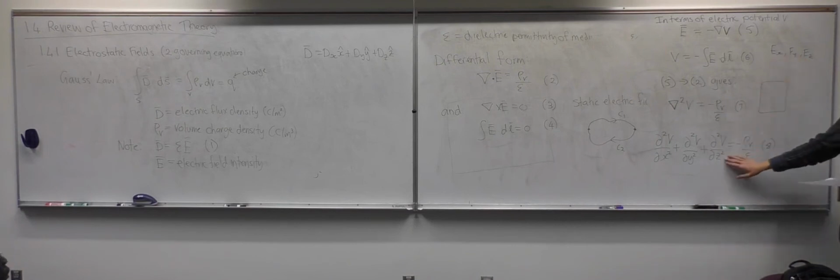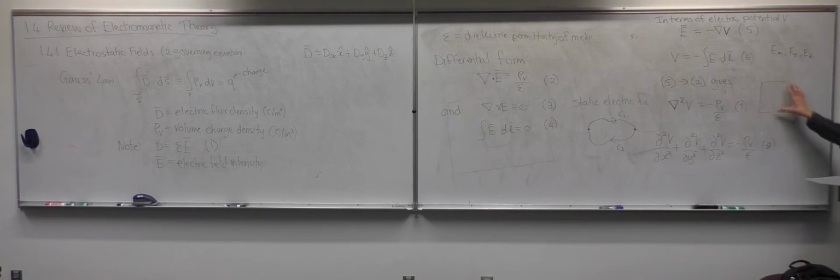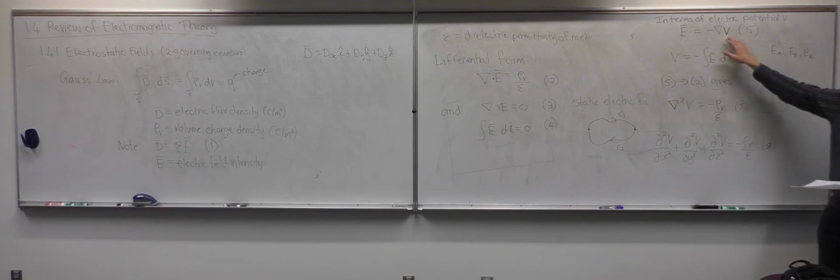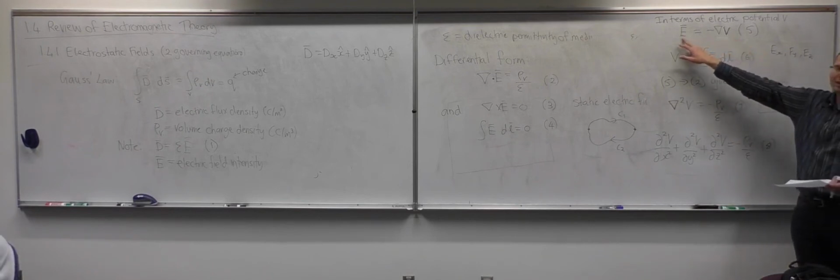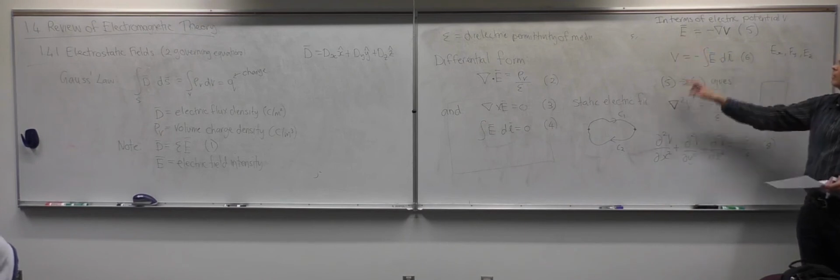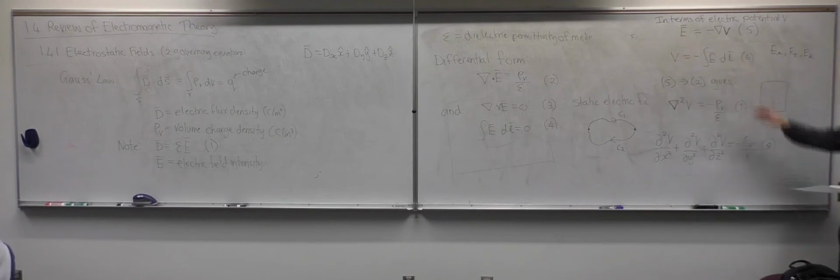And the way that this partial differential equation is written, we only have to solve for one unknown for the whole subdomain, V. Then, if we can figure out the solution of V everywhere we want it, we can go back and calculate E from the gradient of V.